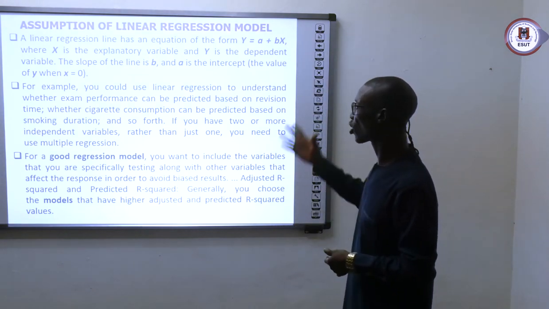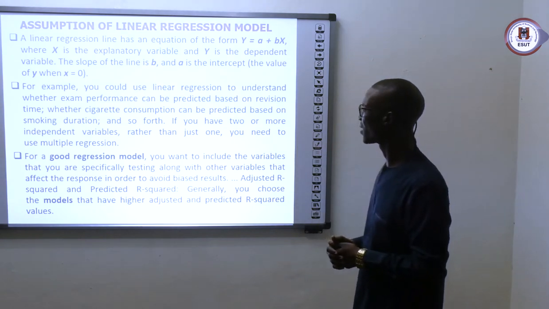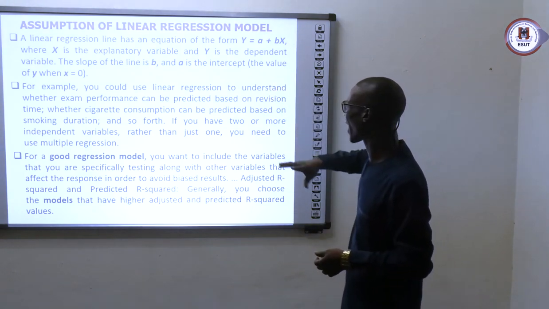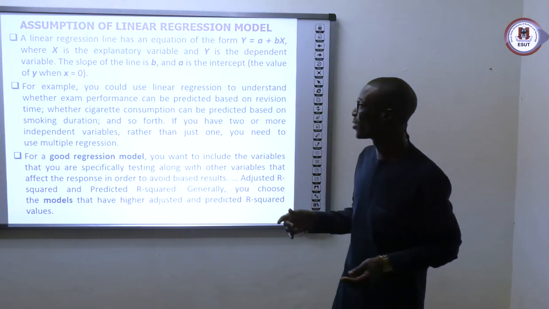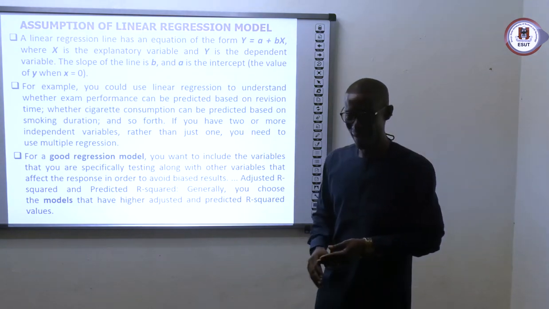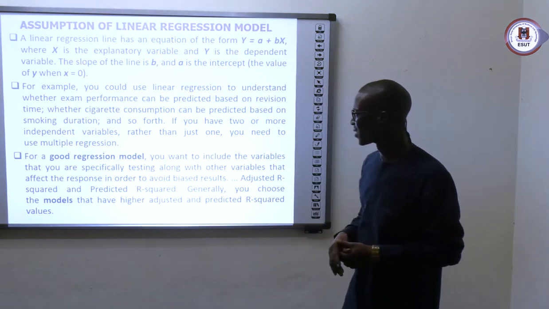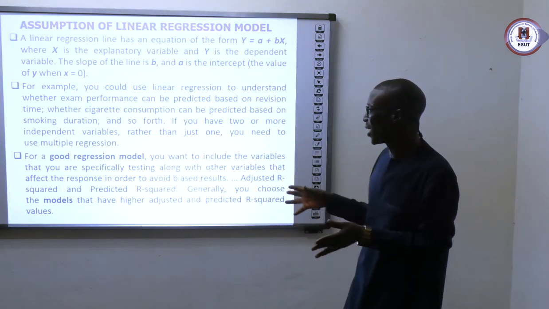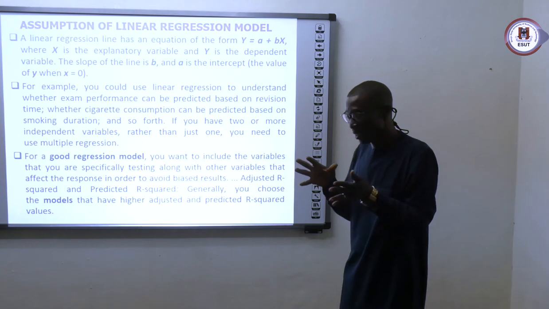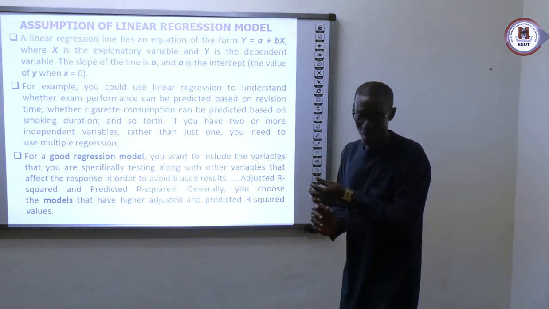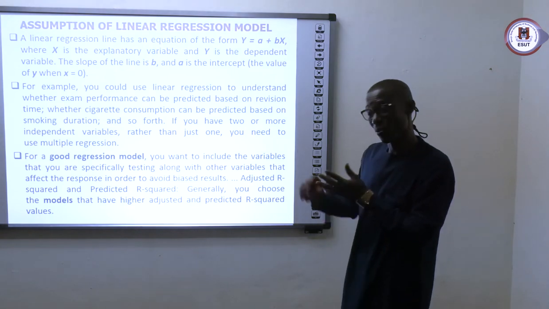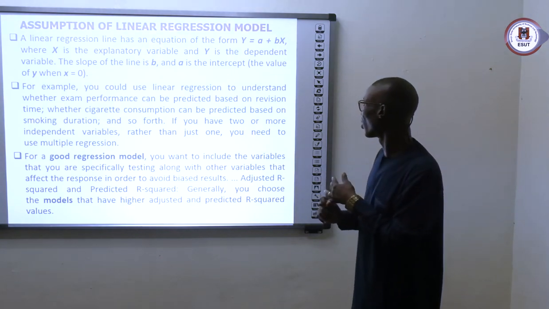So here are some assumptions of regression analysis. Regression analysis itself has no assumption, but the assumptions come from the estimator we apply in estimating the regression. Some of the assumptions here are that there must be linearity in the relationship for us to use the OLS estimator, for instance.